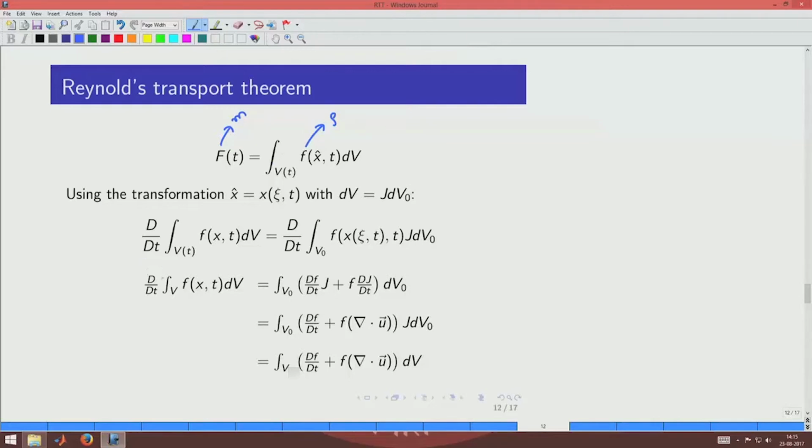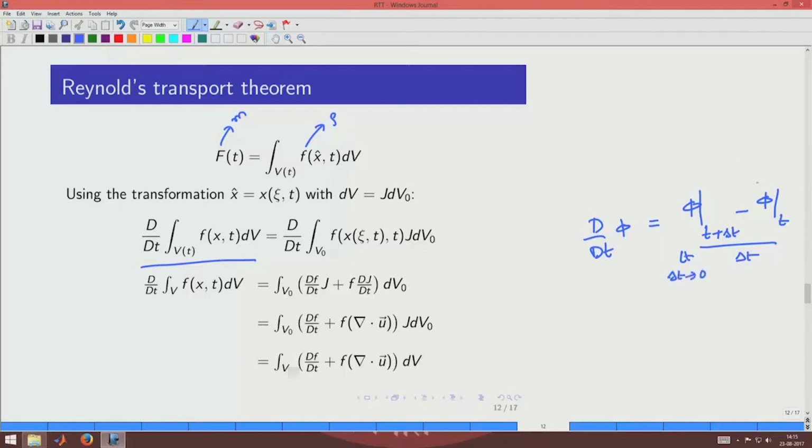Now, if you were to inspect what would happen to the material derivative of the left hand side, you would see that we are trying to take the material derivative of a quantity which is actually changing its position. So, d by dt of any quantity phi is phi at t plus delta t minus phi at t, divided by delta t, limit delta t goes to 0.